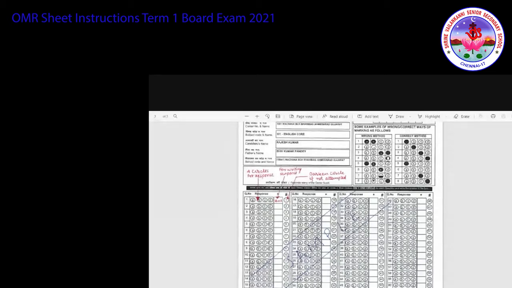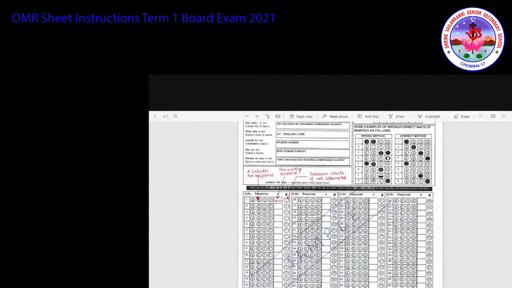Students, please do not put a tick mark. Please do not put a cross mark. You have to shade it completely. Darken it fully with a black or a blue ballpoint pen. If you see the mouse moving on the correct method that I am circling, that is how you're supposed to circle your answers.